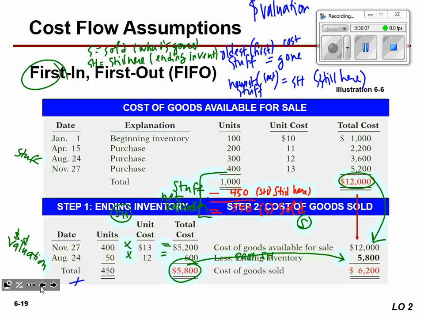So you go into it backwards. You figure out the cost of the SH, the stuff collecting dust still here, to gather what is the cost of goods that are gone.